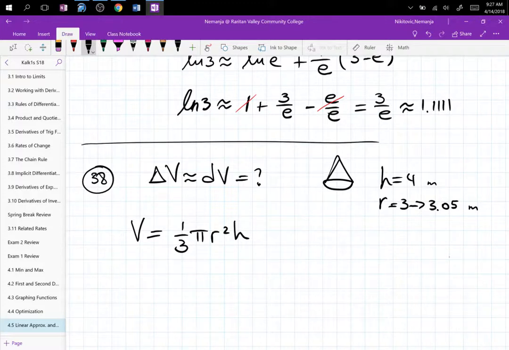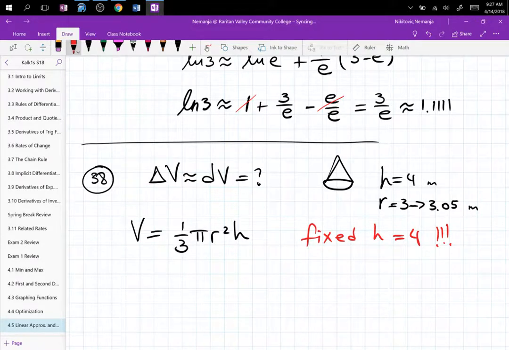Now, the very important part to zoom in on here is the fixed height. That is extremely important, because if the height changes and the radius changes, you have a two-dimensional input that changes.